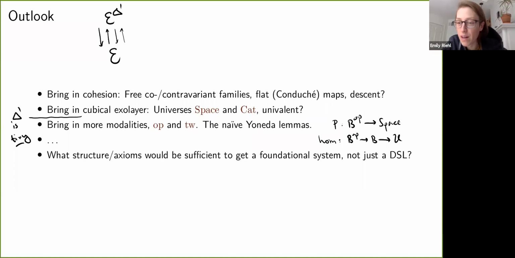And one thing that Dom and I realized recently is that there is a similar characterization of co-Cartesian arrows, or families of co-Cartesian arrows. We express it in slightly different language.